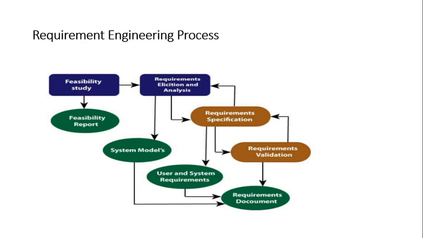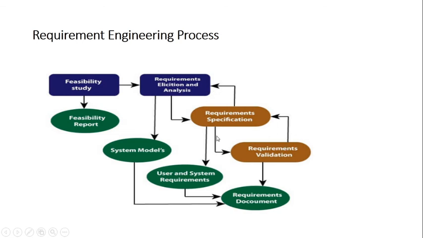So we have seen that. Simply quickly revising it: the requirement engineering process consists of 4 steps. The first one is requirement elicitation and analysis, from where we get the system models, which act as an input to the specification phase. In this specification, you identify the requirements, user and system requirements, right, along with functional and non-functional requirements and the constraints that act as an input to the validation phase, right, and these are iterative in nature.